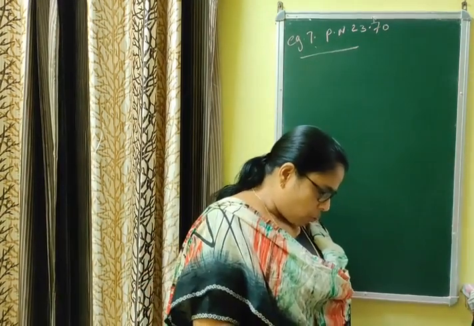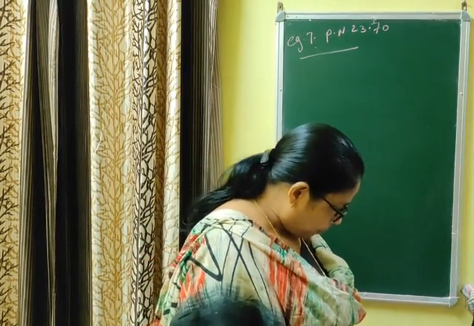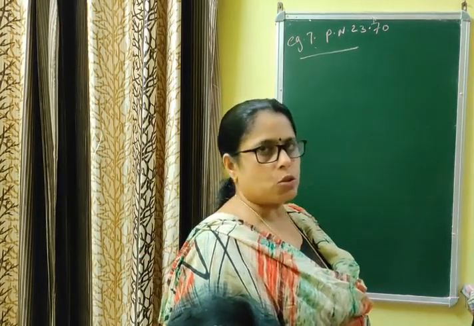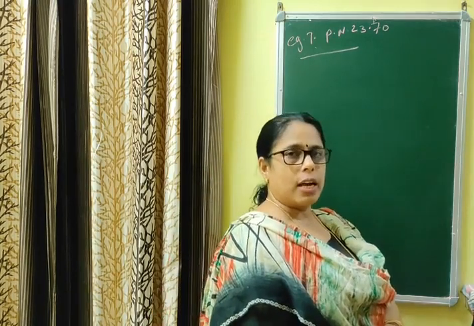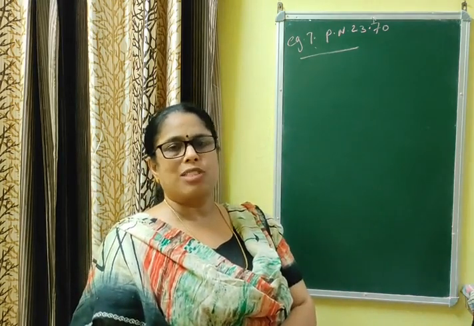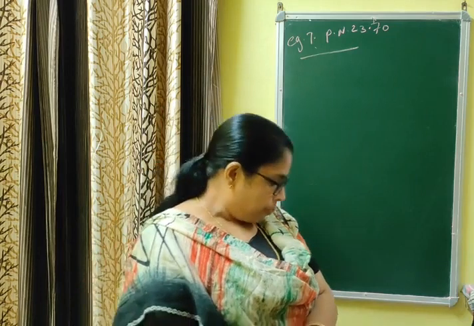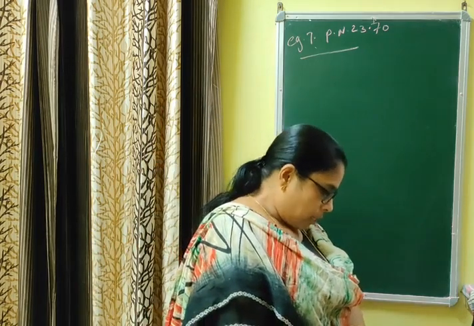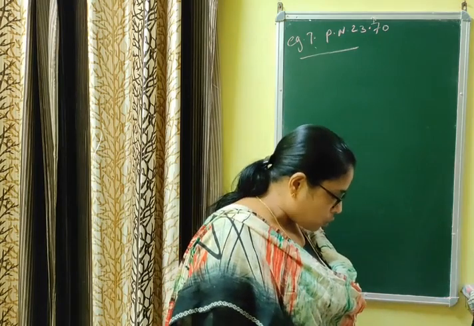Find the coordinates of one vertex of an equilateral triangle with centroid at the origin and the opposite side is x plus y minus 2 equals 0. You are asked to find the coordinates of one vertex of an equilateral triangle whose centroid is at origin. Centroid means (x1 plus x2 plus x3) by 3, (y1 plus y2 plus y3) by 3, and the opposite side to the vertex to be found is x plus y minus 2 equal to 0.